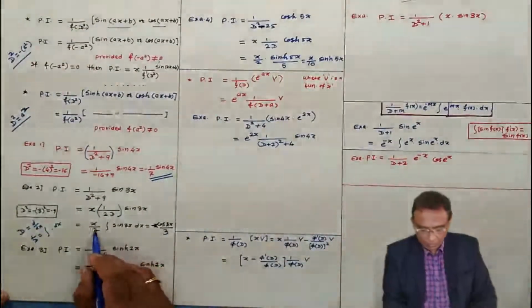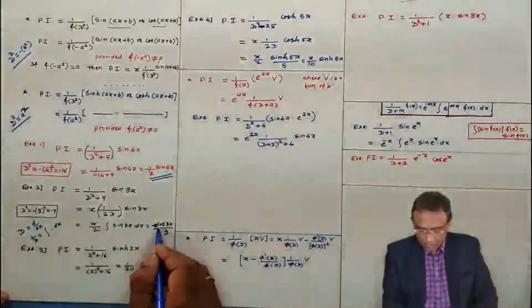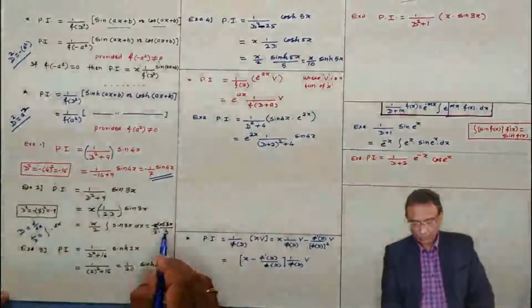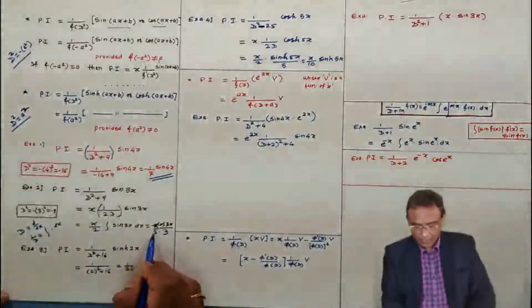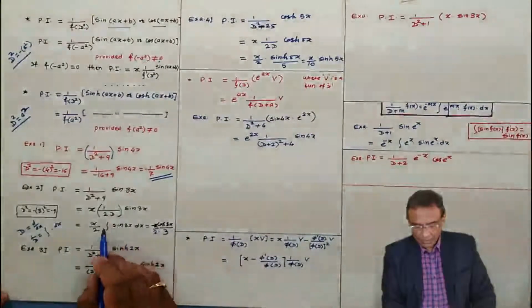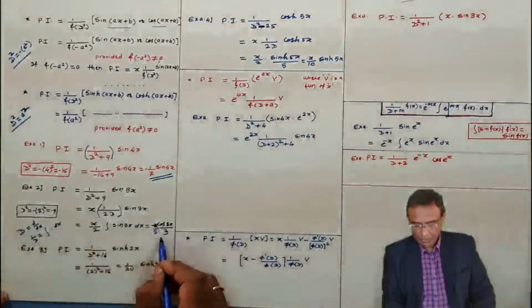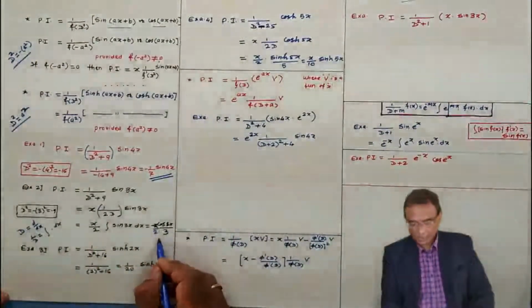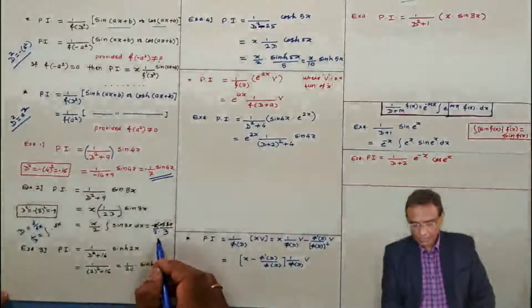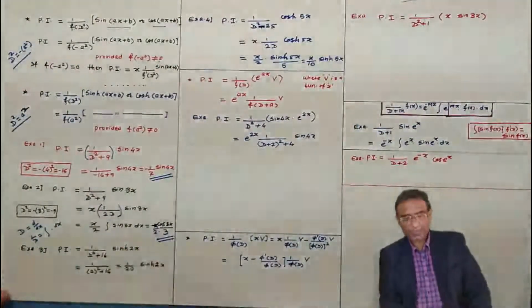The 2 is already there, 2 into 3 will be 6, x by 2 as it is. Integration of sin is minus cos 3x by 3. And minus x cos 3x by 6 is the particular integral.